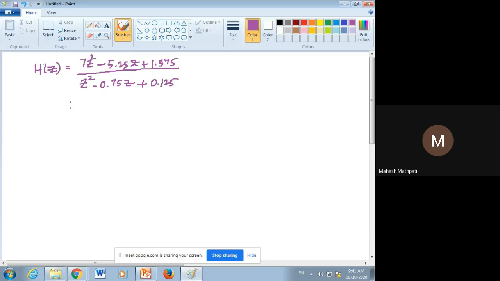Okay, so if I want to write it in negative powers, how do I write it?